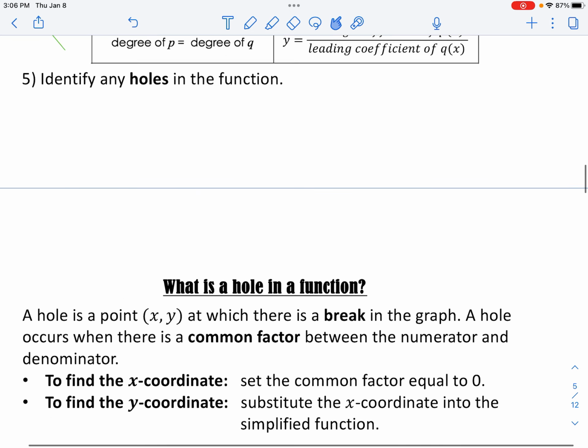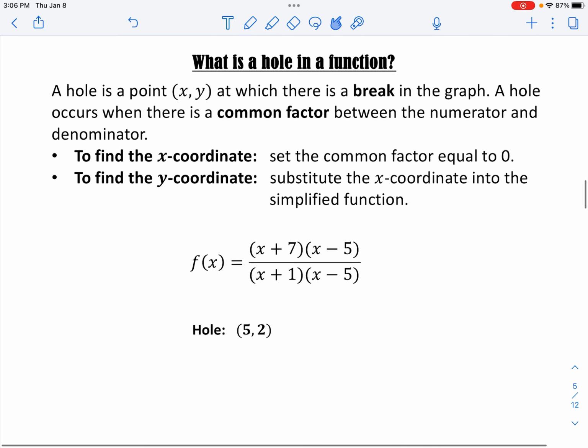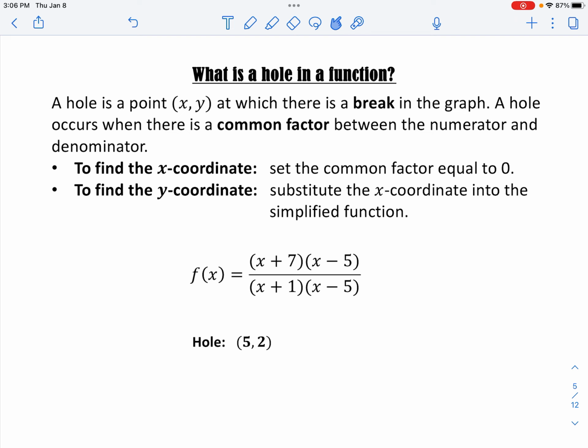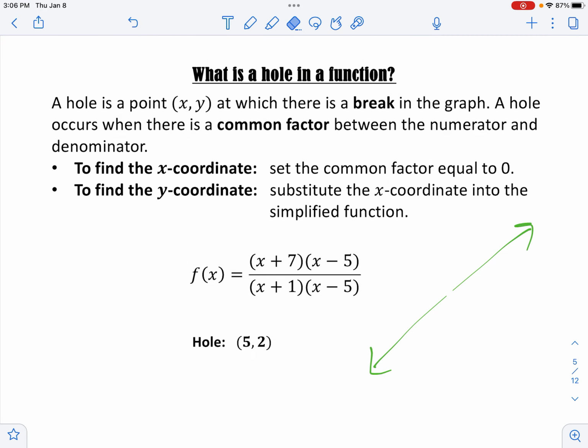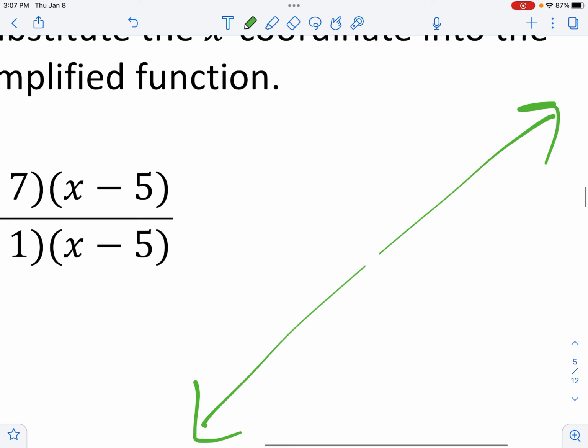Before we do that, I just want to talk about what is a hole in a function. So a hole in a function is like something like this, where you graph something and let's say it's linear, or it might be a hyperbola, but in some spot in there, there's actually a break. There's a little hole in there, and oftentimes we'll indicate that by putting an open circle.